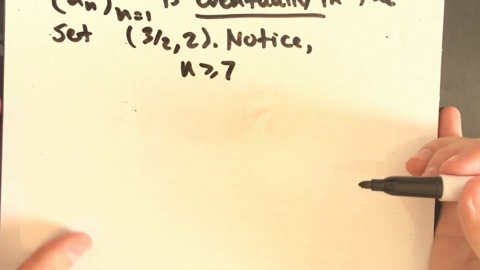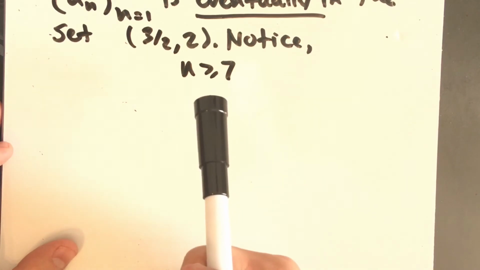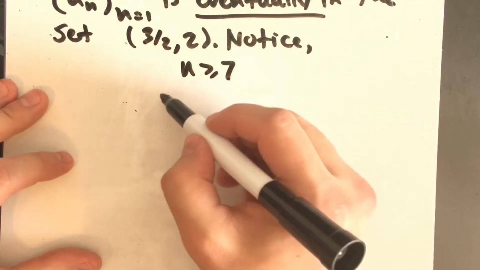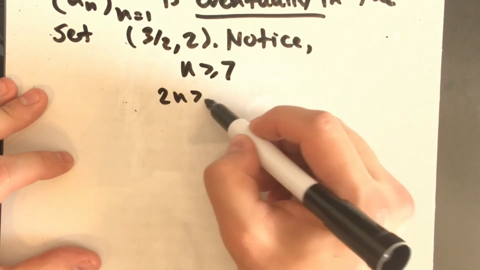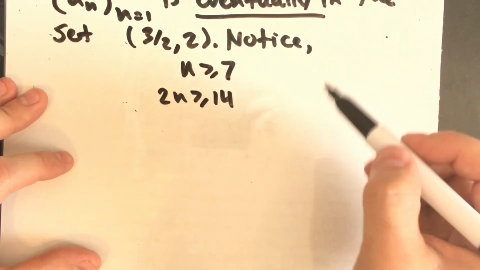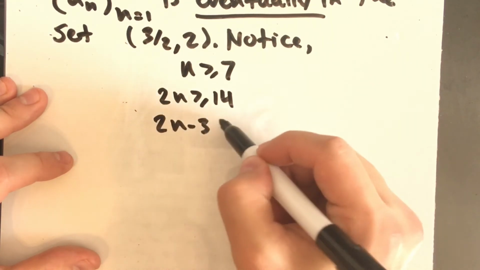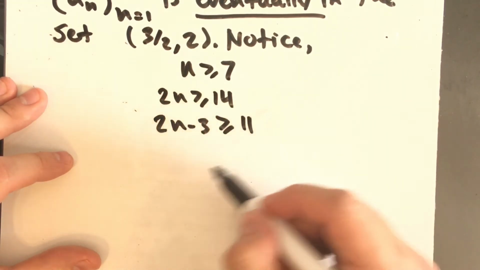And our strategy now at this point is to try to get the sequence a sub n on one side of the inequality. We'll do that by first multiplying both sides by 2, subtracting a 3 from both sides, and then dividing by n.